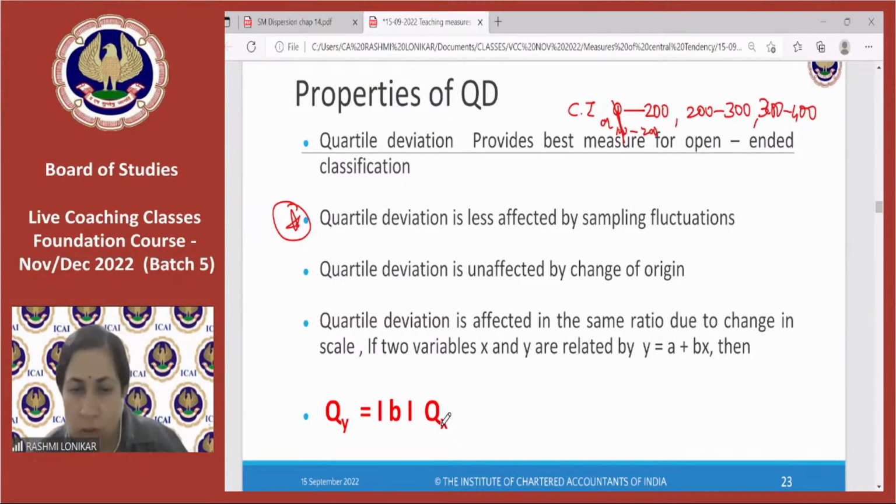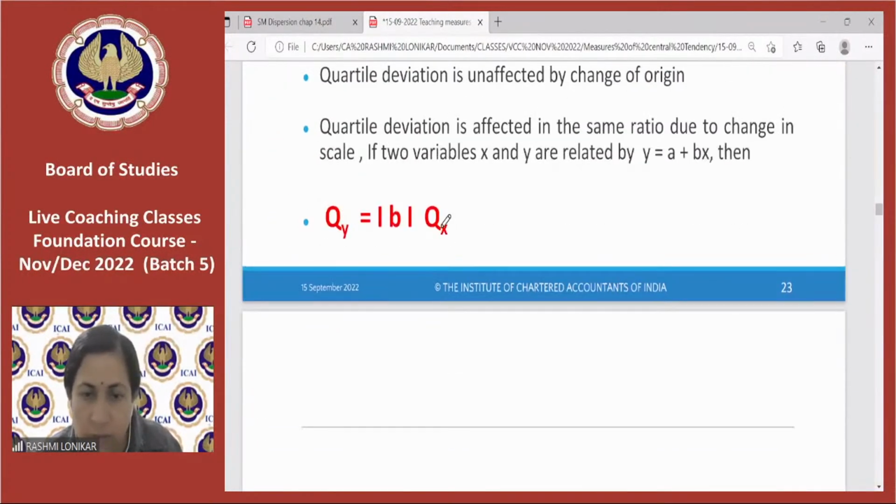So these are the properties. First, it provides the best measure for open-ended classification. Second, it is less affected by sampling fluctuation. Third, it is unaffected by change of origin. And fourth, it is affected by change of scale. So Qy will be equal to the absolute value of b into Q of x, that is, quartile deviation of x.